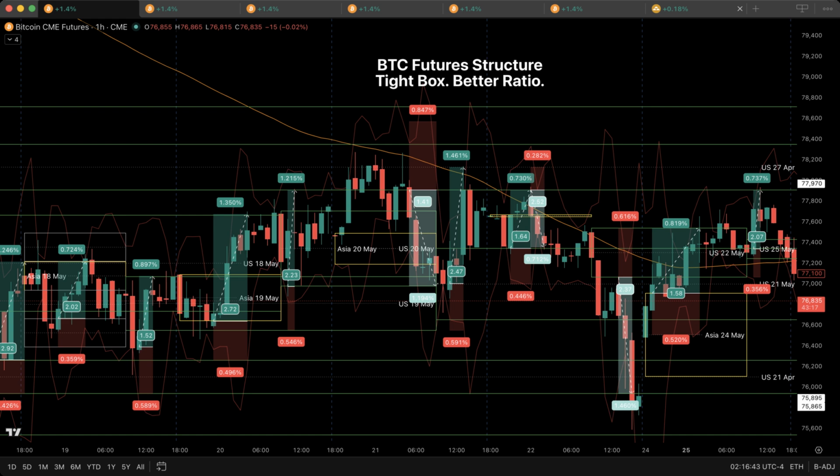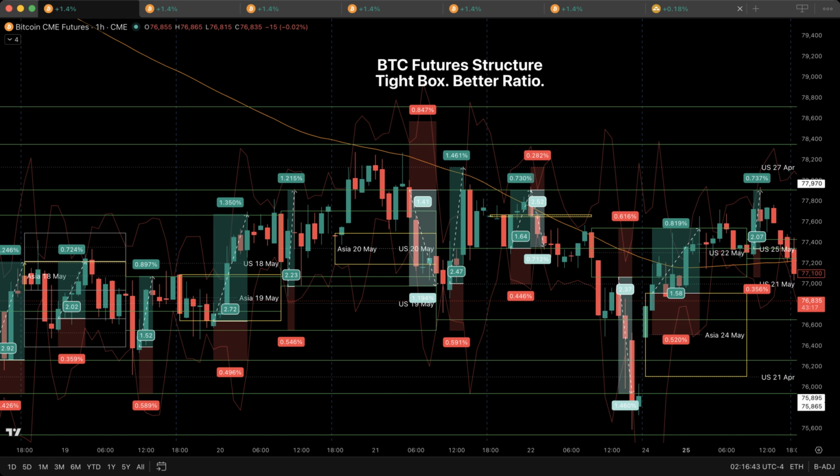So the entry is not the high. The entry is the line, where price must hold before the high. May 21st U.S. upper boundary. May 25th U.S. midpoint. Same zone. That is the execution area. The stop sits at May 22nd U.S. session lower boundary. Why there?